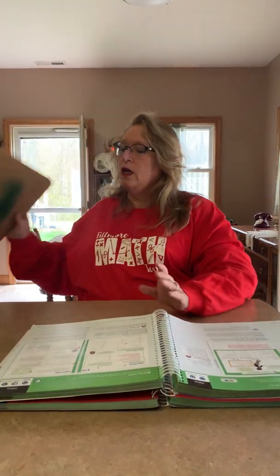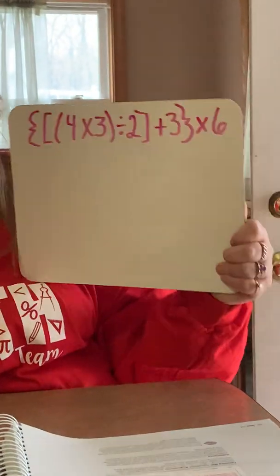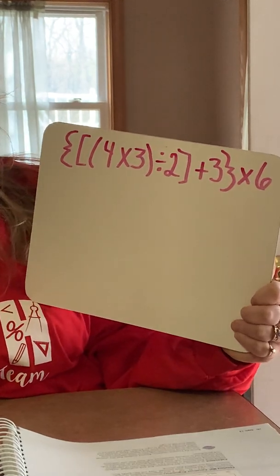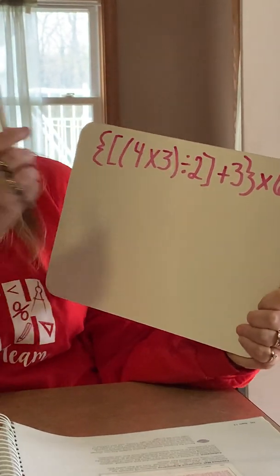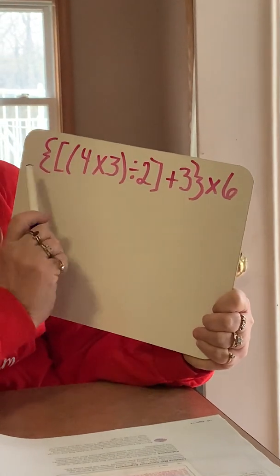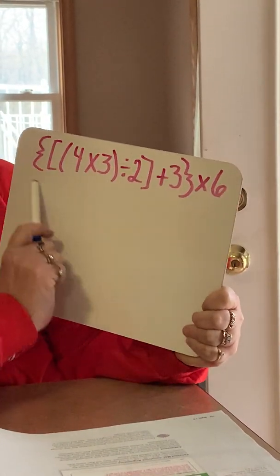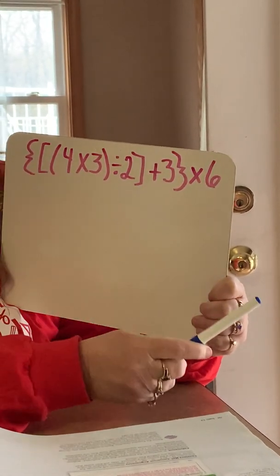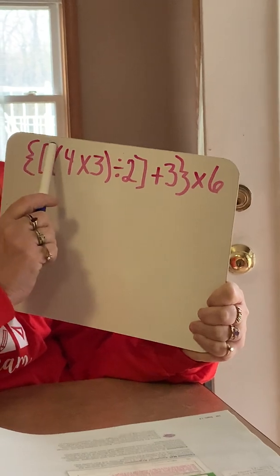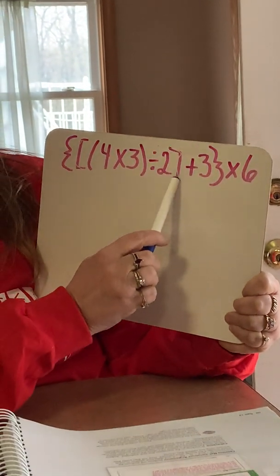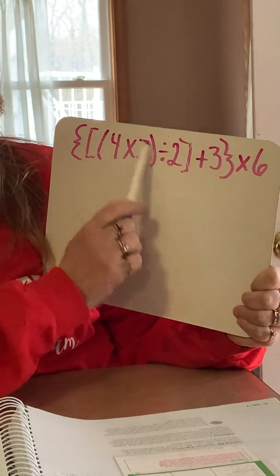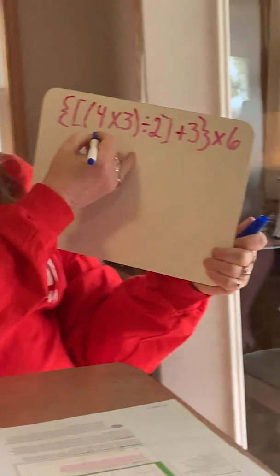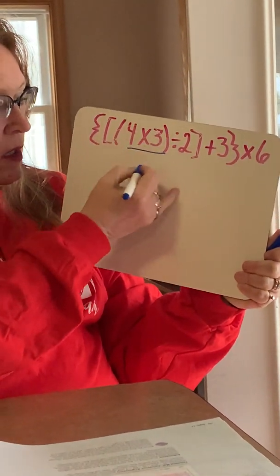Okay, so this is a problem that has all of the things in it that I was talking to you about. So we're gonna tackle it and we're gonna find out what we're doing, okay? Well, I see braces here. So this whole thing is going to be done before I do anything times 6. Okay. So it looks like then I've got some bracket here. So I have to do this in the parentheses first. So what I'll be doing is I'll be doing this one, which I know is 12.